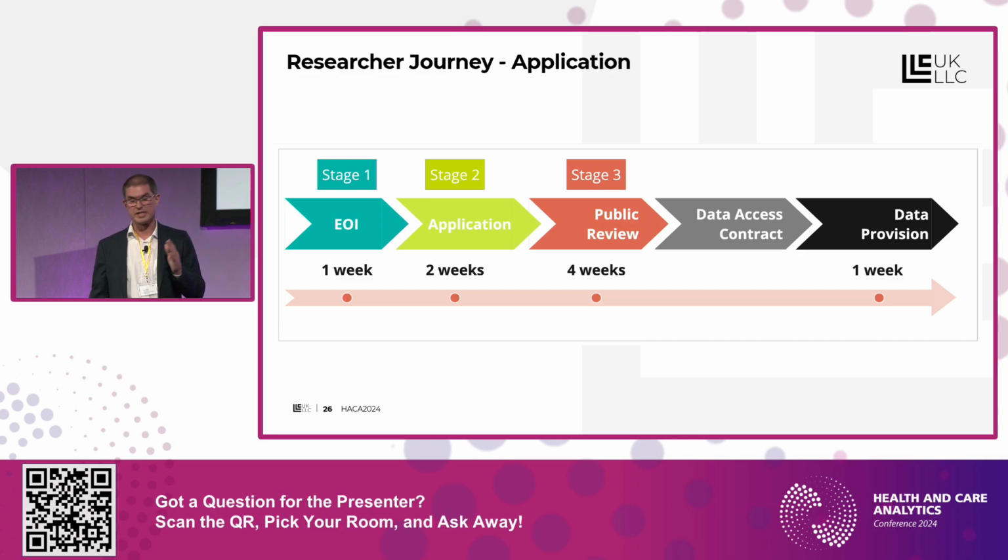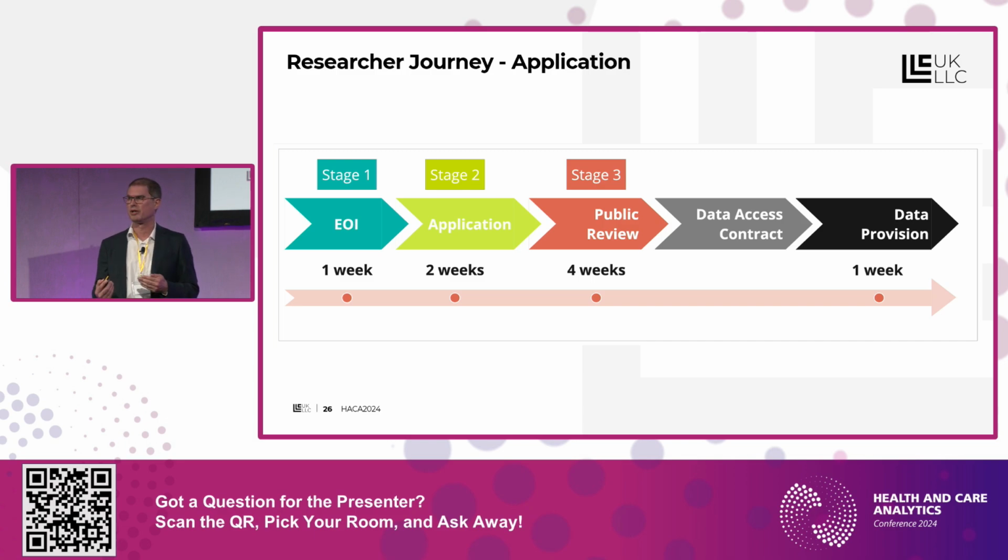So what we've developed is a mechanism where basically we, as the resource, take the burden of the application and review process. So you, as a user, would submit an expression of interest. We'd then work with you to assess feasibility, and then work with you to advise you how to progress to develop a full application.